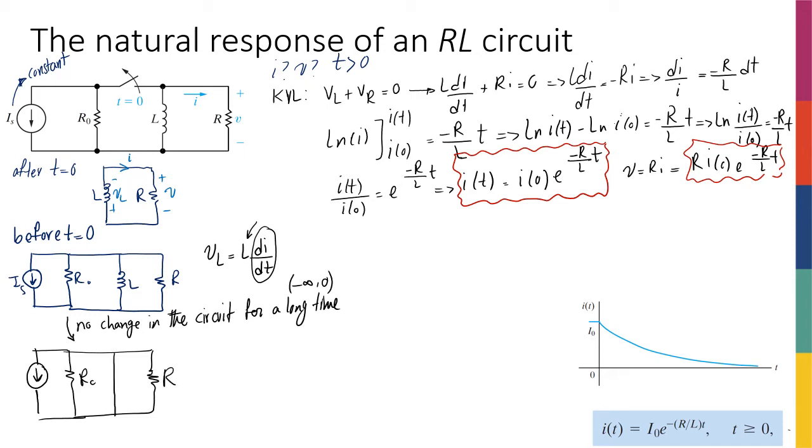Remember we said that a coil, an inductor, is basically a coiled wire, a wire wound into a shape, right? So if there's no change, it's a piece of wire.